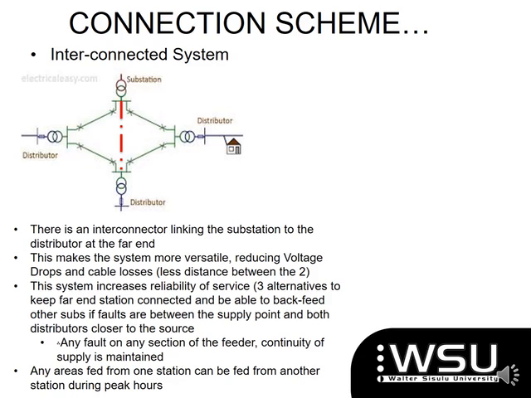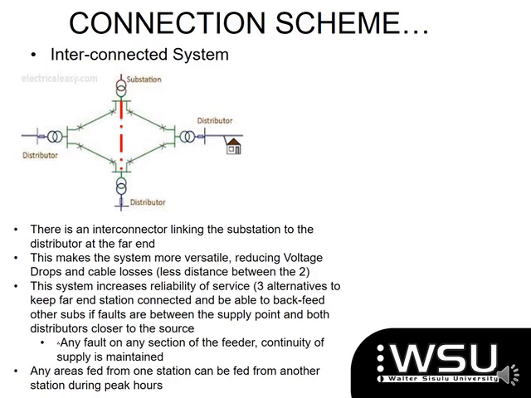By doing that, you're making your system more versatile, you're making your system have less voltage drop, and the power losses that are going to be experienced are now going to be less between any two points in the system.